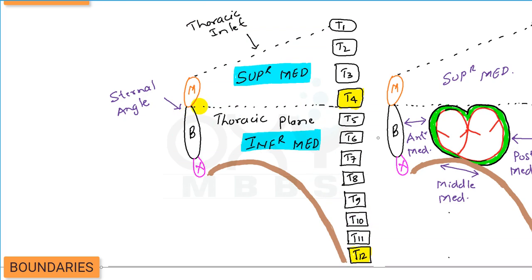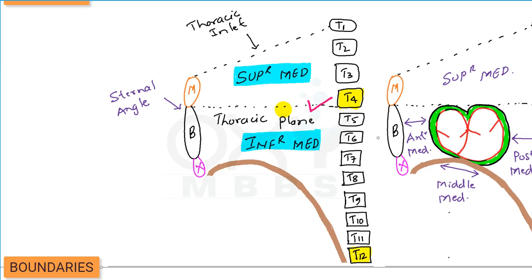Now what I am doing, I am drawing an imaginary line from the sternal angle up to the lower border of the T4 thoracic vertebra, and this imaginary line is called as thoracic plane. And because of this thoracic plane, mediastinum is divided into two parts.